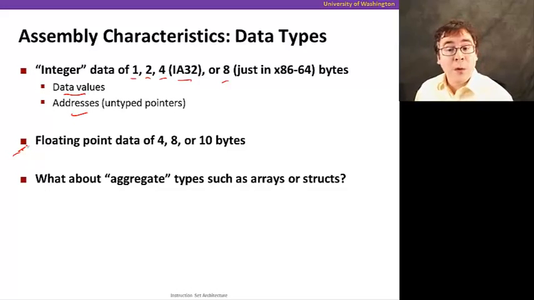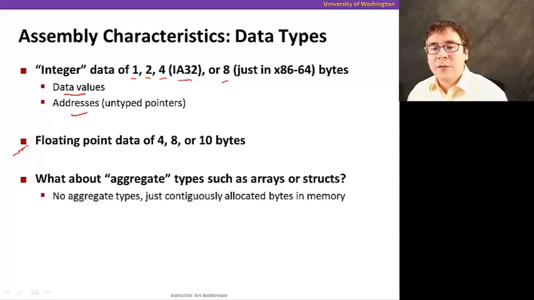Now, what about aggregate data types in assembly? Is there such a thing? No. For assembly, memory is flat and contiguous, and there's no notion of arrays. You have to implement it by hand, by laying out the data in memory properly and then accessing it in a way that makes it look like an array.